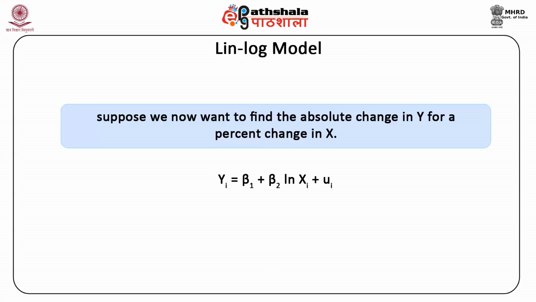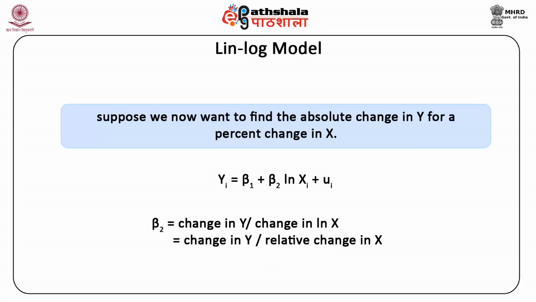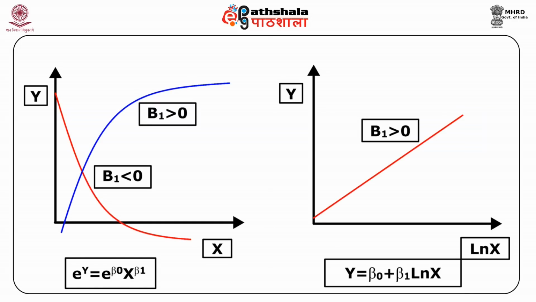Let us interpret the slope coefficient beta 2 in this case. As usual, beta 2 is equal to change in y upon change in ln x. This is equal to change in y upon relative change in x. If x changes by 0.01 unit or 1%, the absolute change in y is 0.01 times beta 2.